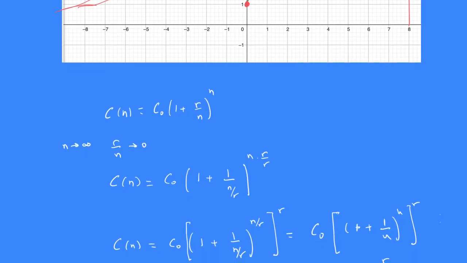So this is the expression that we see for compound interest. The money that you have, if you divide after 1 year, r is the 8% per year, and n is the number of subdivisions that you make in the year.